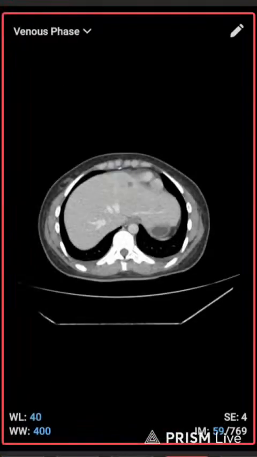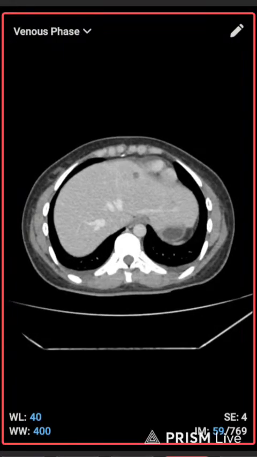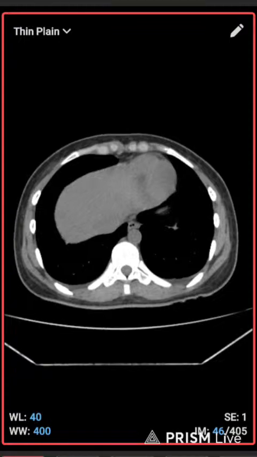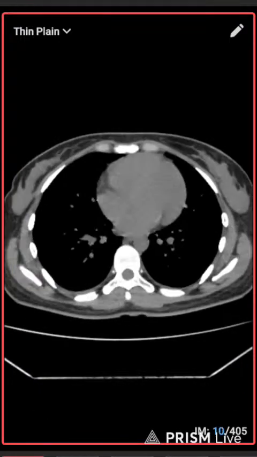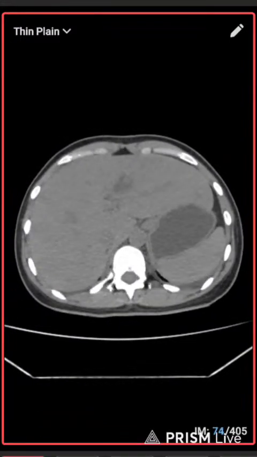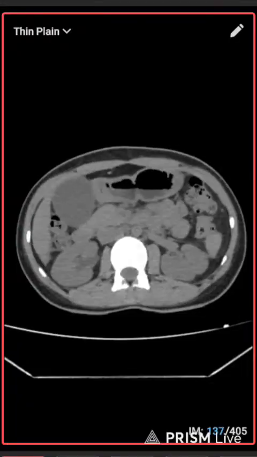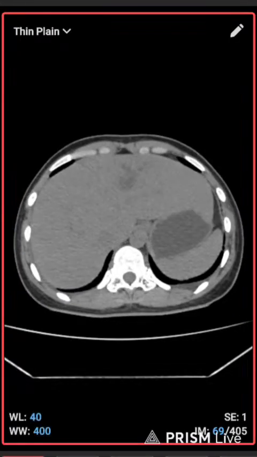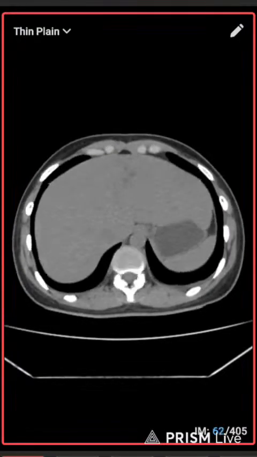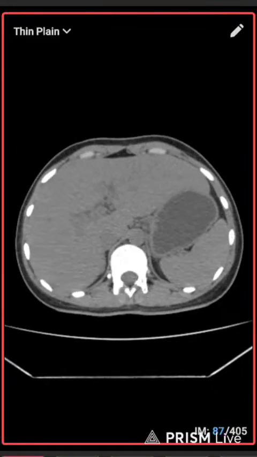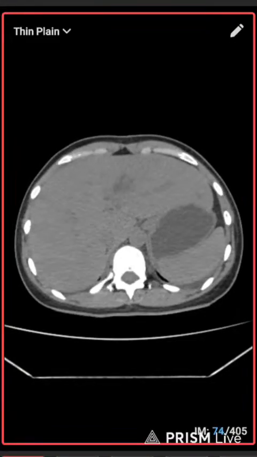There is a triphasic abdomen scan image from a patient. If you look at the plain scan, you will see a hypodense area in the liver. You will scroll down and see the hypodense area.